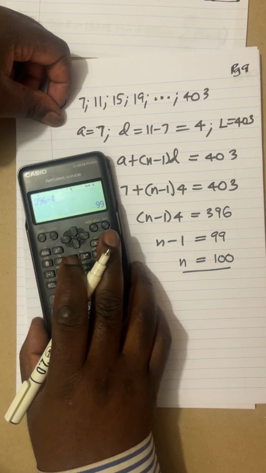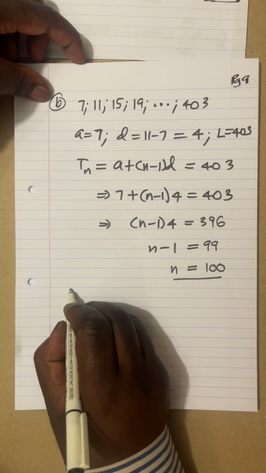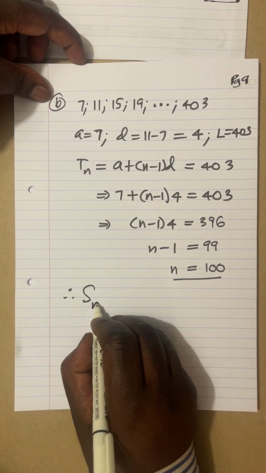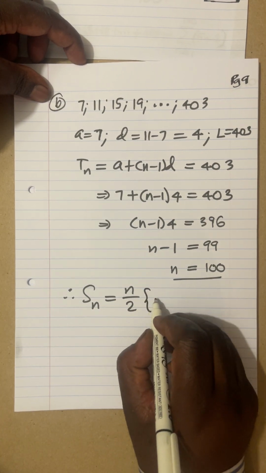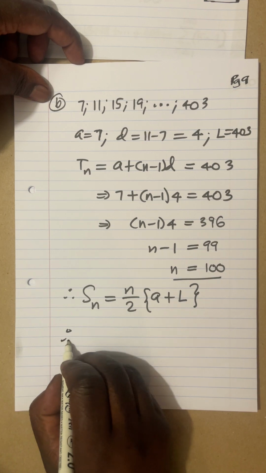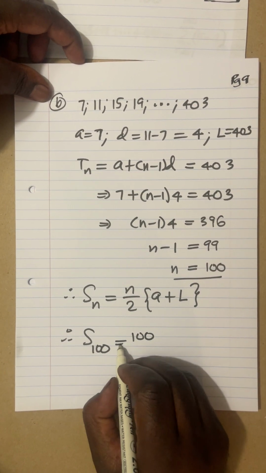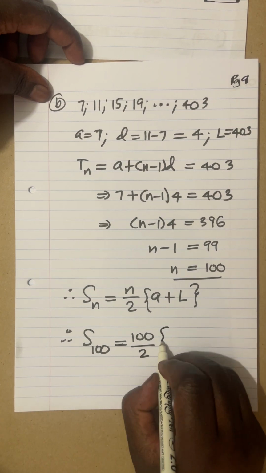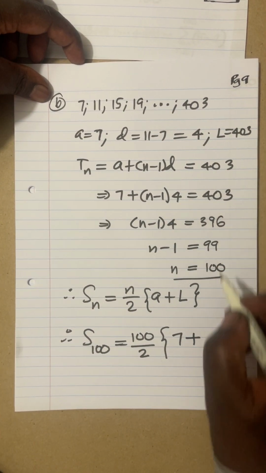So we know the number of terms is 100. What are we doing next? To find the sum of all terms. The sum of n terms is n over 2. We know our first term and we know our last term. So the sum of the first 100 terms will be equal to 100 over 2, and then our first term is 7, our last term is 403.